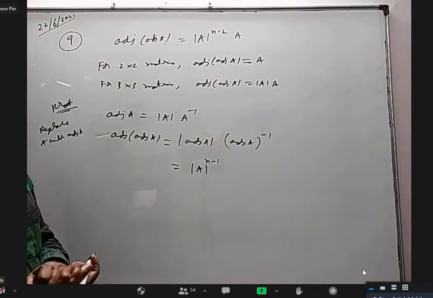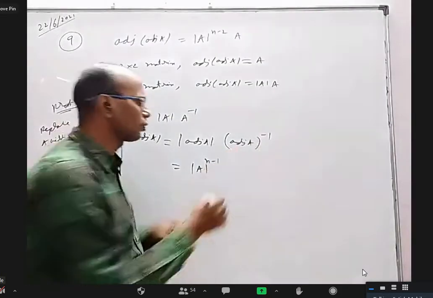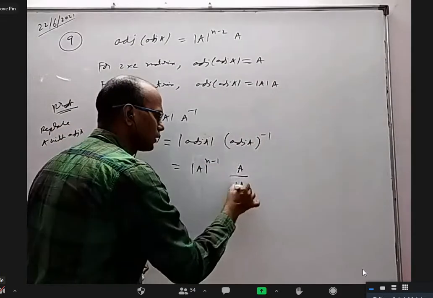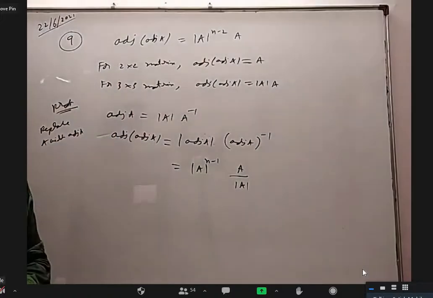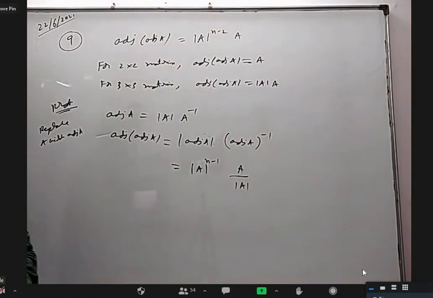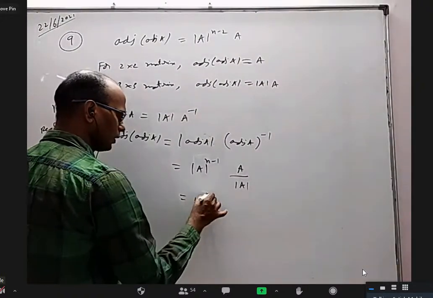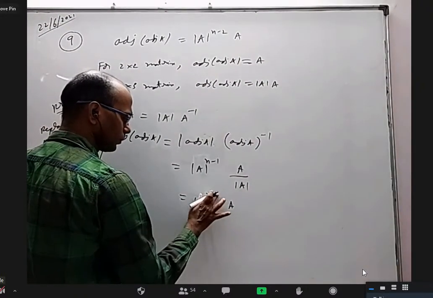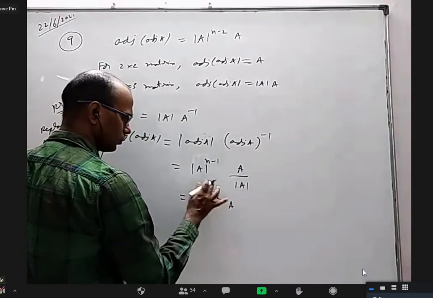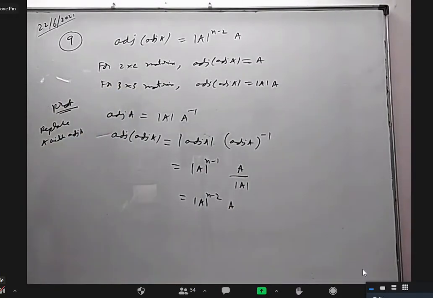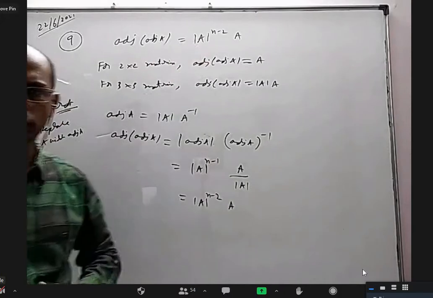And yesterday, adjoint A whole inverse we got as A by det A. Now I can divide here and I'll get det A power n minus 2 into A. So we proved it.